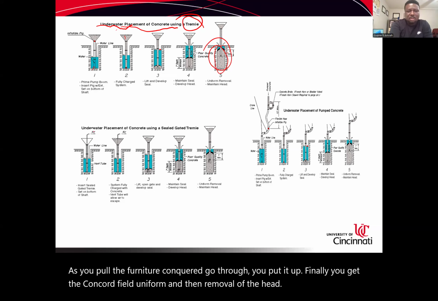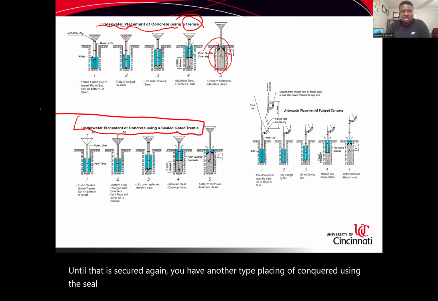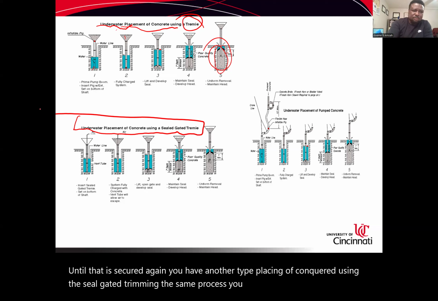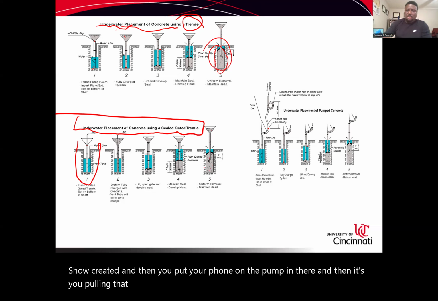Again, you have another type, placing concrete using the sealed tremie. The same process: you have your shell created, and then you put your funnel and the pump in there, and then you pull that as the concrete goes in, till you get to that point.